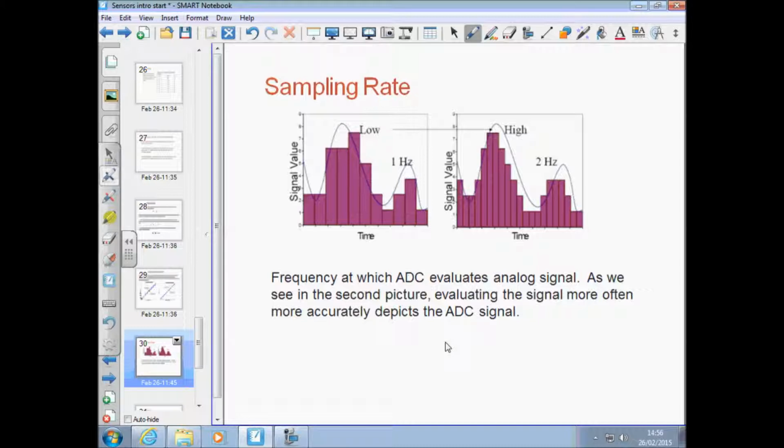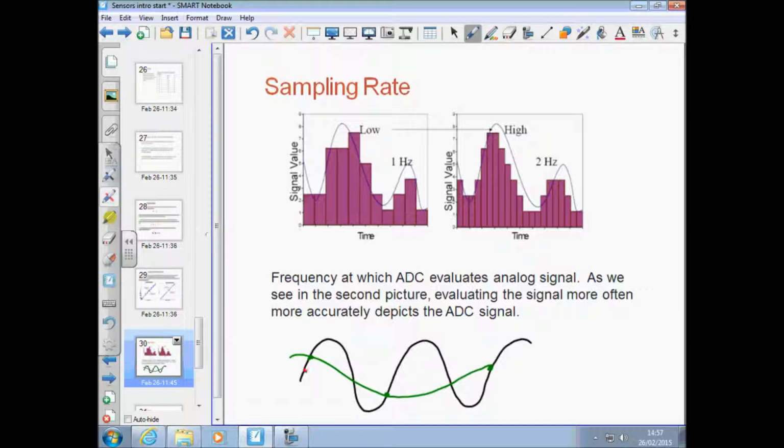Sampling rate. Okay. If this is the AC analog signal we're trying to represent, and we sample it not often enough, we don't get a very accurate representation of what the original is.